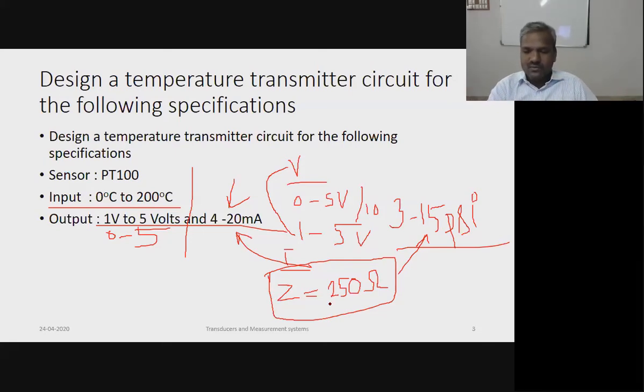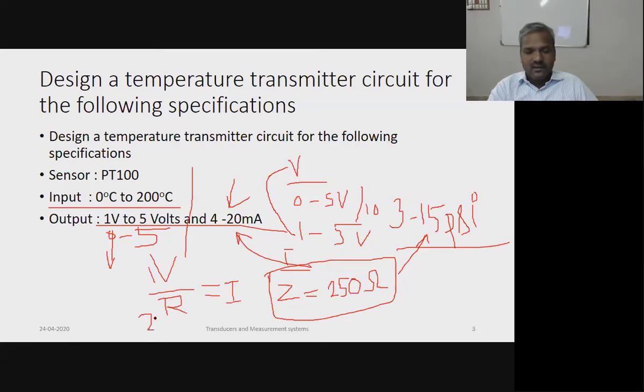Why this 250 ohm? Suppose I get 1 volt output from the voltage signal; if you use this resistance, you can convert it to 4 milliampere. So voltage divided by R, V by R equals I. Say V is 1 volt, R is 250 ohm.